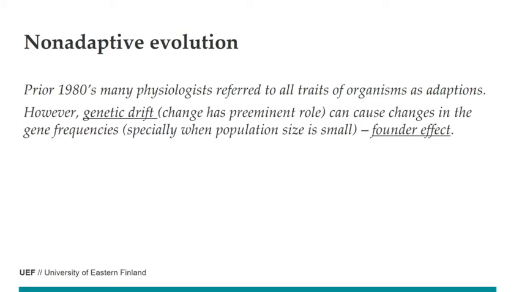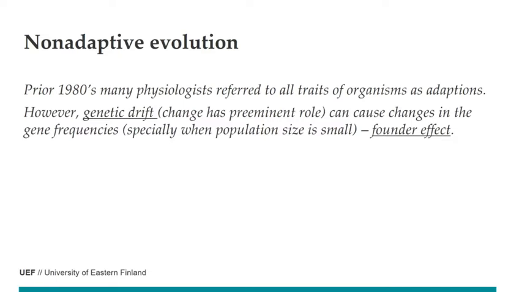There can be genetic drift, especially in a small population, because chance can have the major role in causing differences in gene frequencies. For example, if we have a population with two different alleles, A and B, and by chance half of the population dies, there is always a chance that one allele will disappear completely, especially when the population is small.